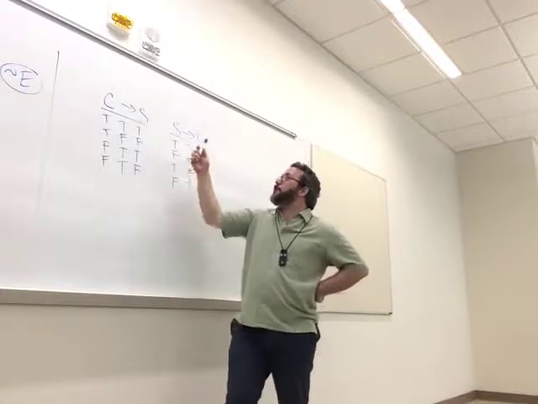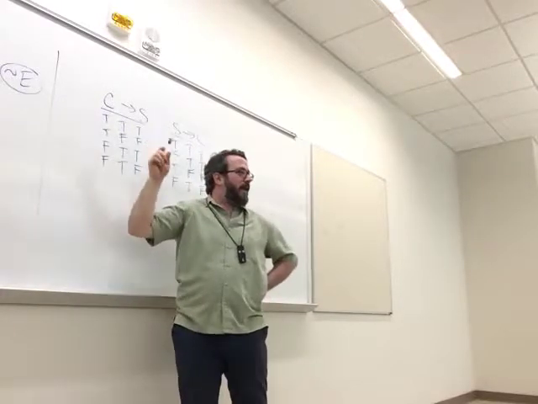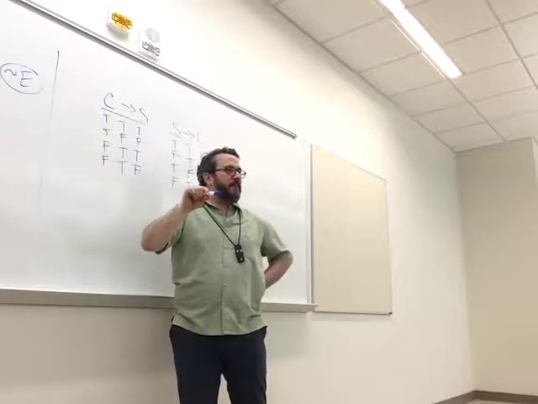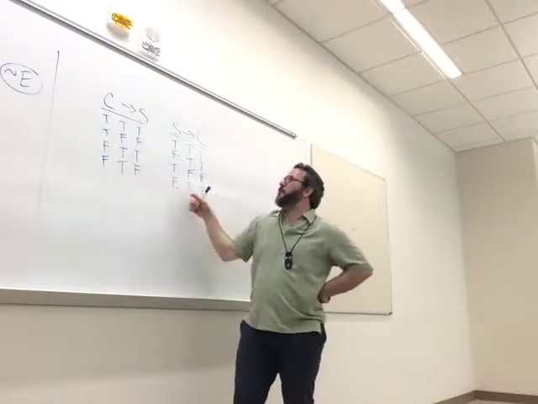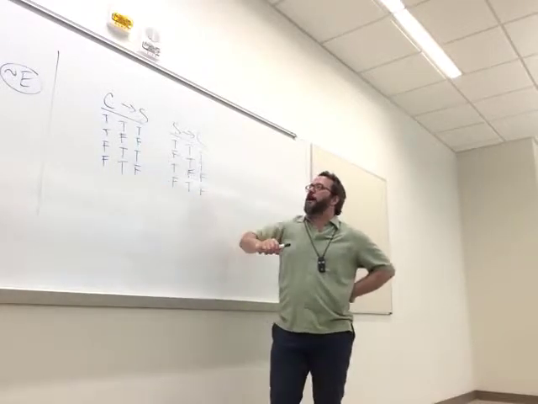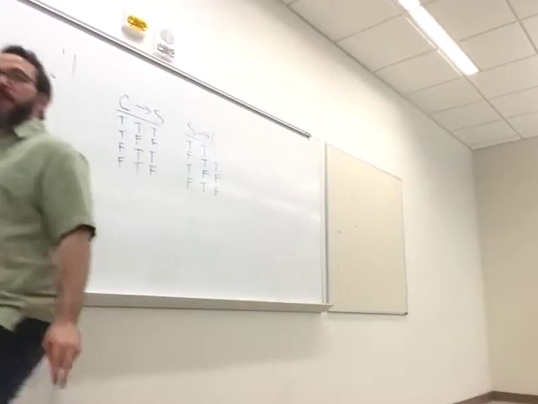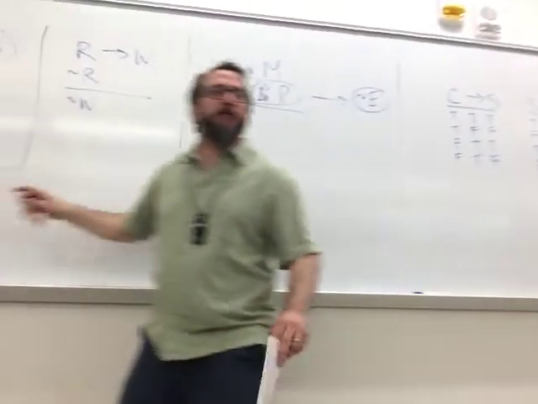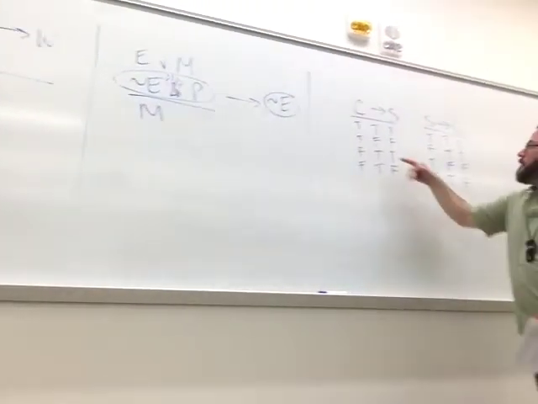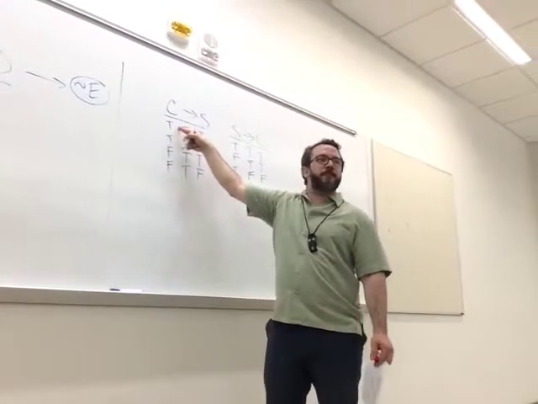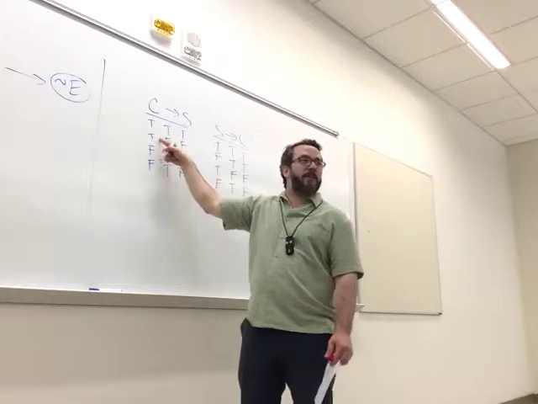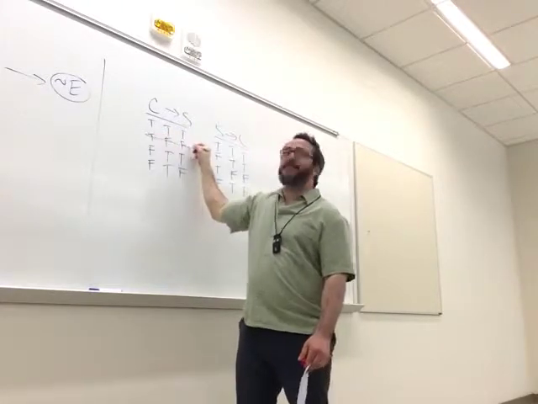So C is true only when S is true. Is that what we're trying to say? So which of these has that? Keep in mind, some of these statements have to end up being false, right? The whole statement on this line is true. The whole statement on this line is false, so that one doesn't count.